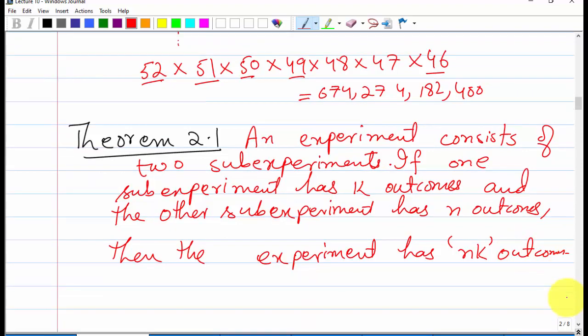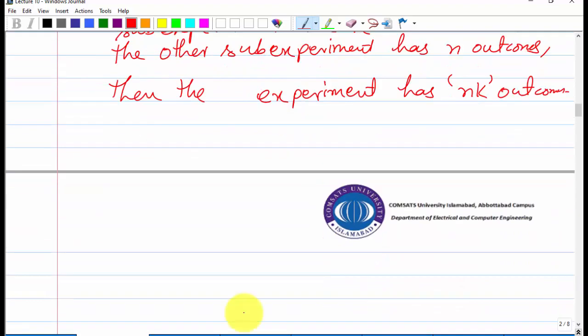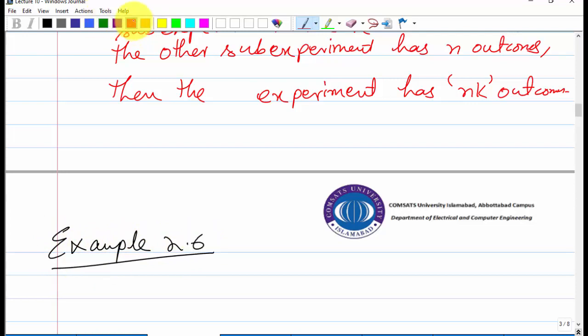To understand this theorem, let's see example 2.6, and it says that there are two sub experiments.